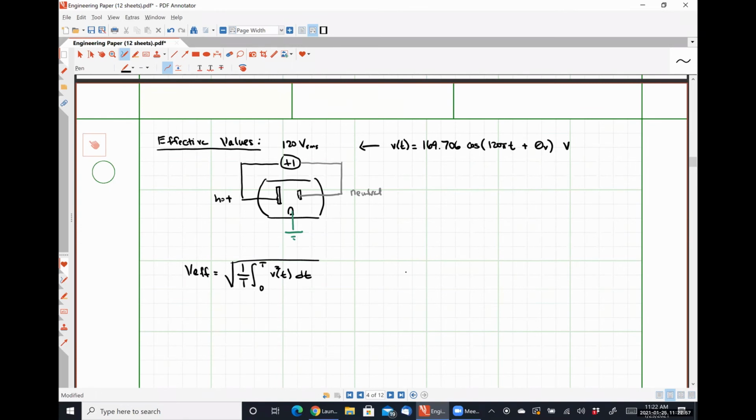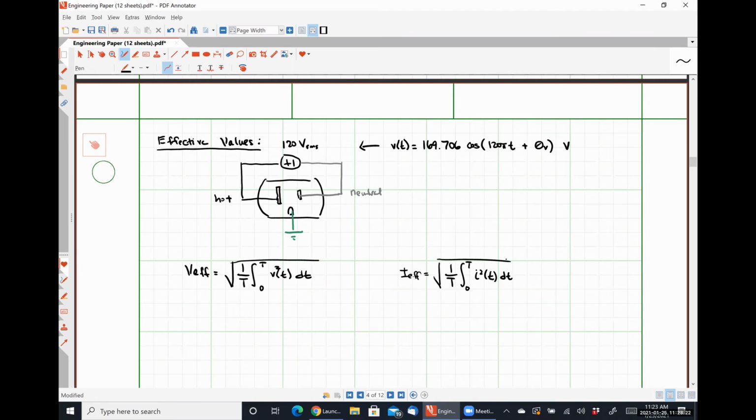And similarly, our effective current uses the exact same relationship: 1 over T, the integral over 1 period of the square of our periodic current waveform. And these definitions, again, are purely based on the fact that we're looking for a DC value, right?